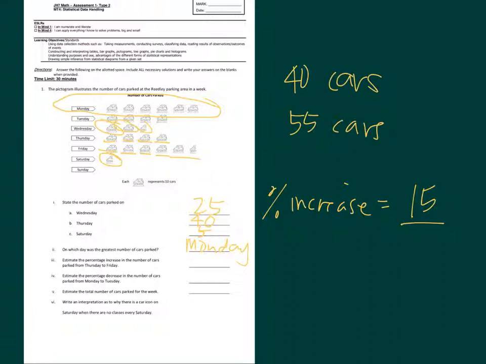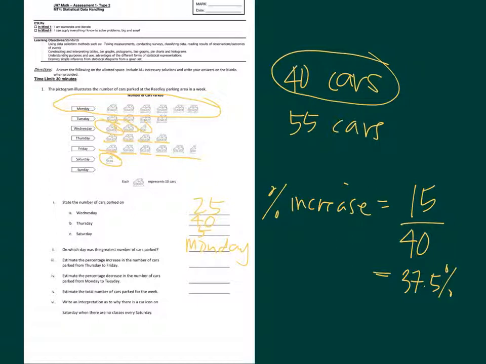The reference here is Thursday, so we divide this by the number of cars parked on Thursday. So we have 15 over 40. Since this is a percentage value, you need to simplify 15 over 40, which is 37.5%. So that's the percentage increase.